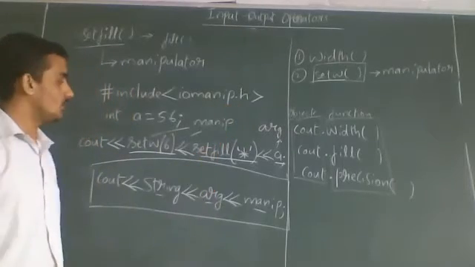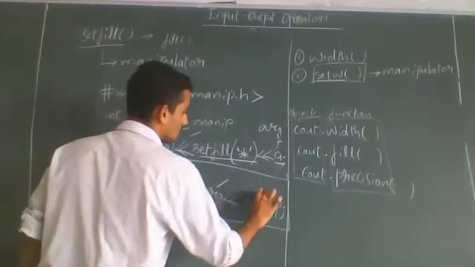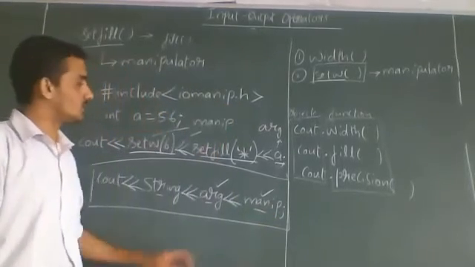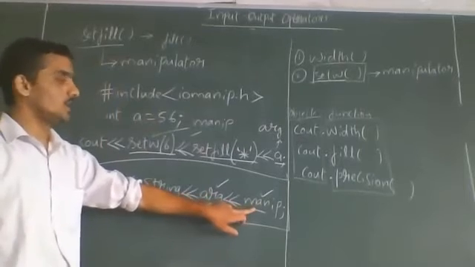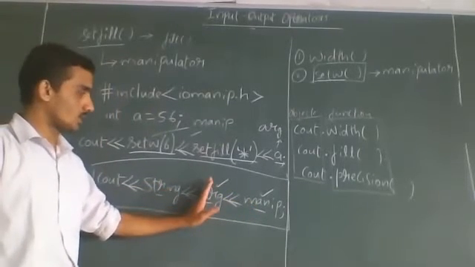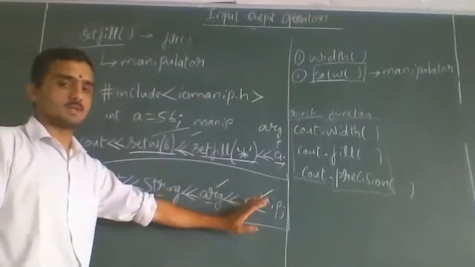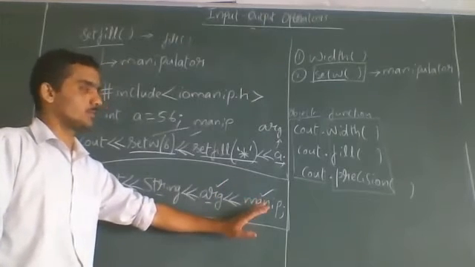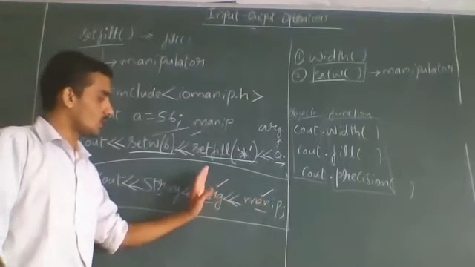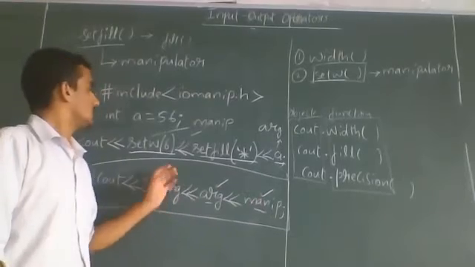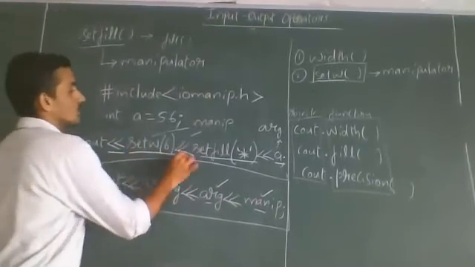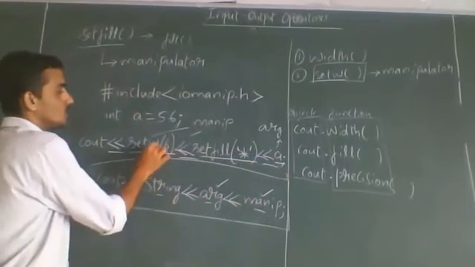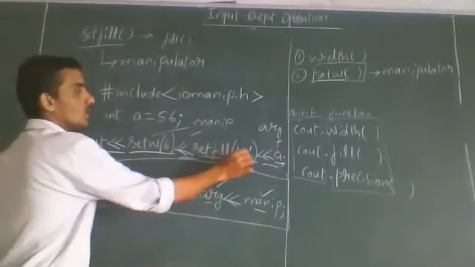Whenever you are using argument and manipulator, remember this point. If you are using more than one argument and more than one manipulator, or both, or if you are using one argument and one manipulator, then don't forget to put these insertion operators. See here I am using two manipulators and one argument.